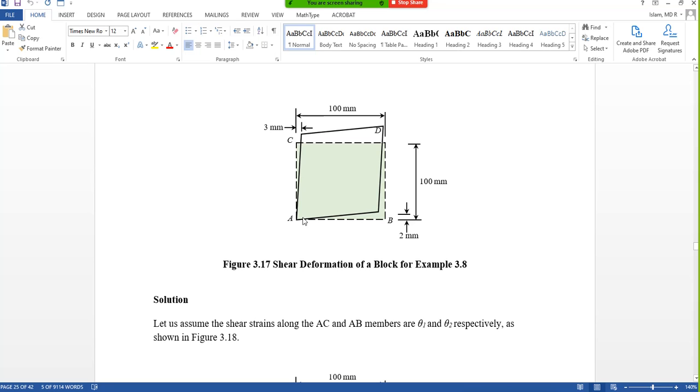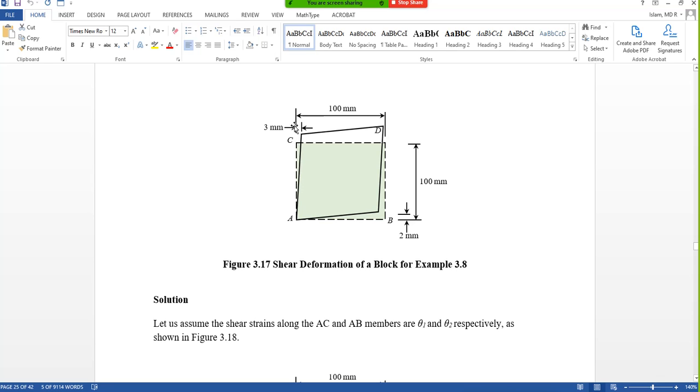It is some deformation here plus some deformation here, so that is the shear strain. But you can see the deformation here is 3 millimeter, here is 2 millimeter. So this side and this side are not equal, but this side and this side will be equal. So if you find this, whatever A, that is your D.